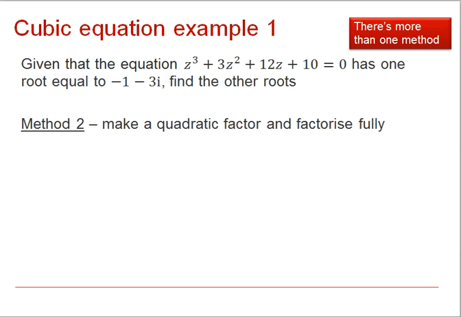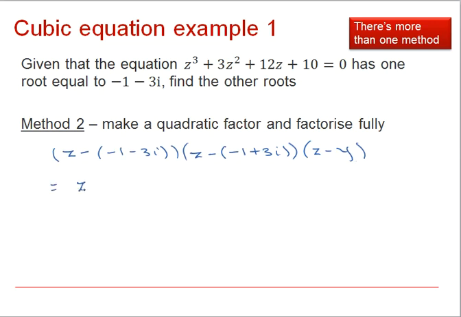In method 2, we'll do the same as we did before in terms of setting up the factors. So we'll have z minus minus 1 minus 3i, z minus that complex conjugate, and then let's call it z minus gamma for that third real root that we're looking for.